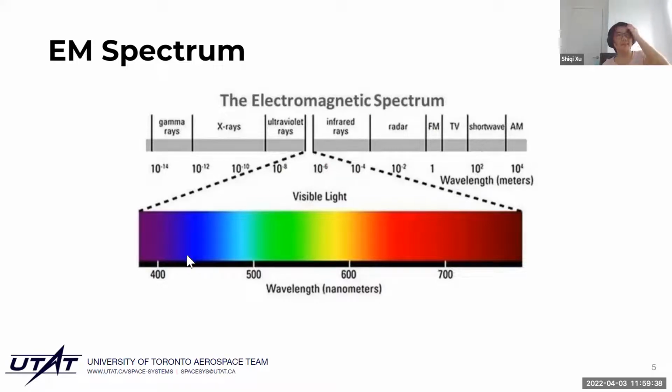Okay, the electromagnetic spectrum. You've all seen this. So we have the rainbow essentially in the visible range. That's about 400 to 700 nanometers ish. Then we're starting to edge into the infrared.